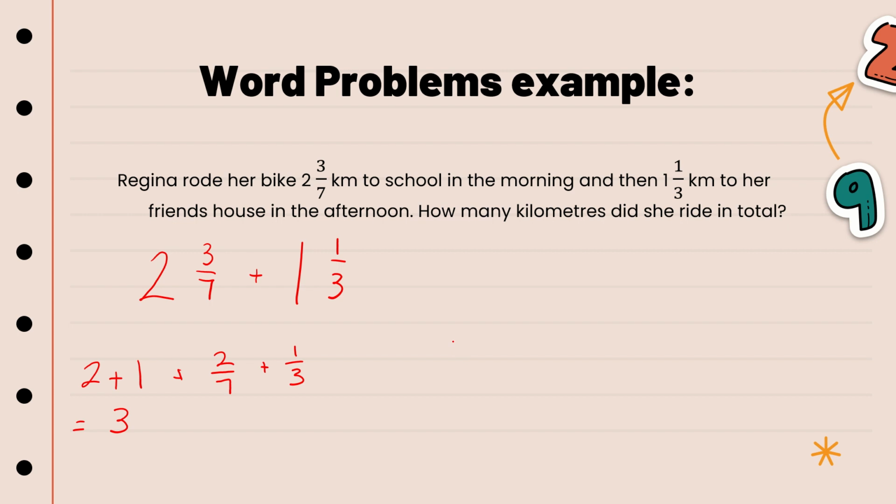So 2/7 will be multiplied by 3, which will give me 6/21. And 1/3 will be multiplied by 7, which will give me 7/21. And that will equal 13/21. So I'm going to bring my whole back as well.